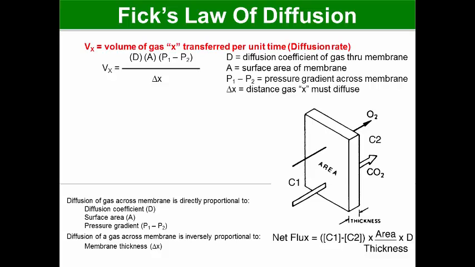It is also directly proportional to the surface area of the membrane across which the gas diffuses. And it is also directly proportional to D. What's D? This is the diffusion coefficient of the gas through the membrane. But it is inversely proportional to delta X. Delta X is the distance, or the thickness of the membrane through which the gas diffuses.